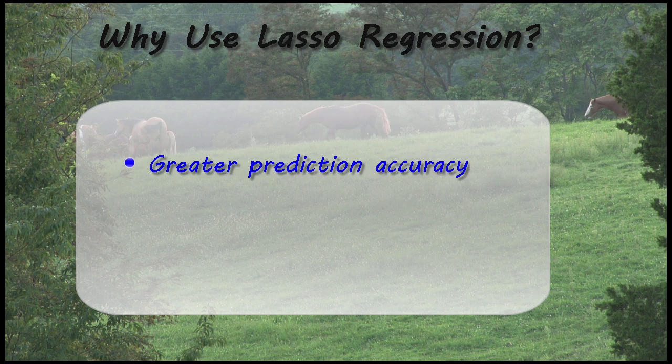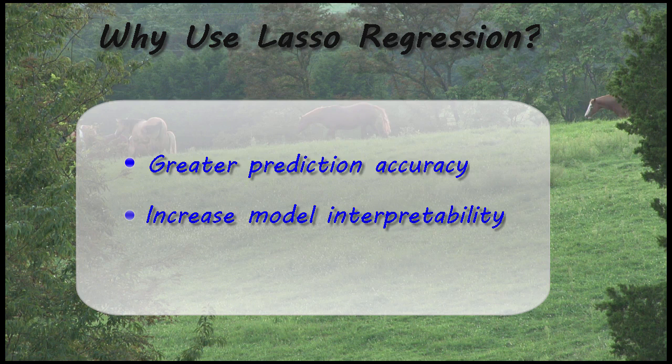However, if you have a relatively small number of observations and a large number of predictors, then the variance of the OLS parameter estimates will be higher. In this case, Lasso regression is useful because shrinking the regression coefficients can reduce variance without a substantial increase in bias.